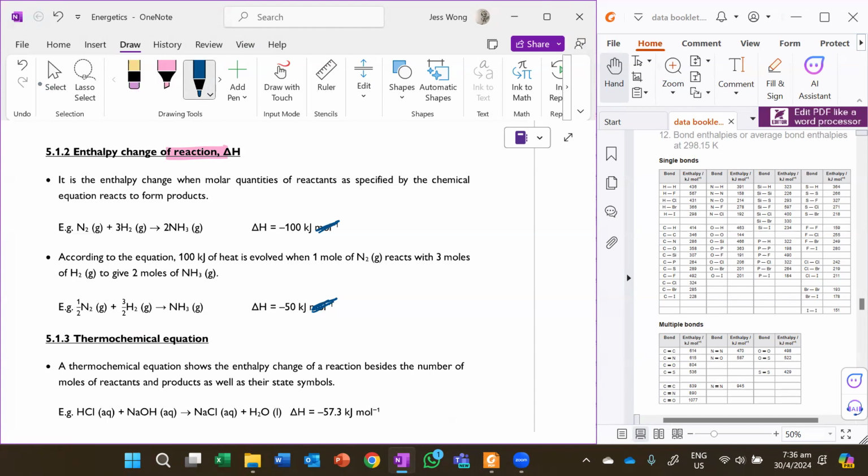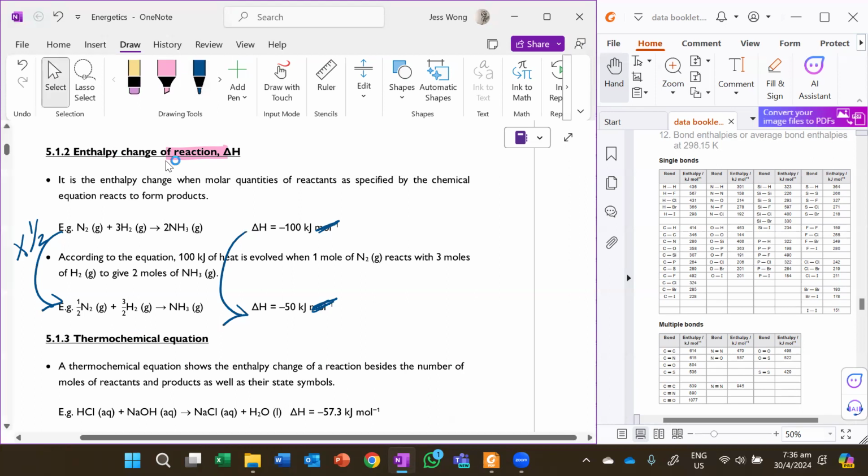But if your friend has written it another way, for example, one half N2 plus 3 over 2 H2, you will find that the delta H reaction will change correspondingly. In this case, we multiplied by half to get the equation below, and therefore the delta H reaction value will also be half of the 100. So just take note, it is only for delta H reaction that it is dependent on how the equation is written.